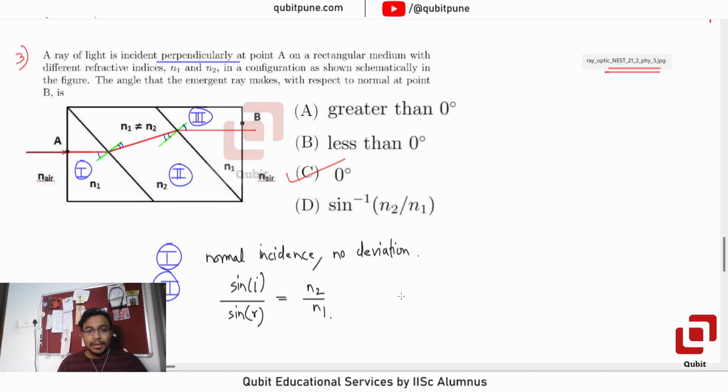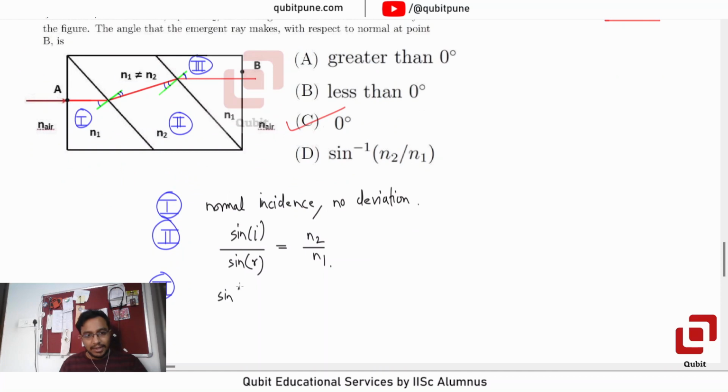And then I can say that in phase 3, sin r prime upon sine of the angle of emergence would be n1 by n2, and this time that angle of emergence would actually be i.